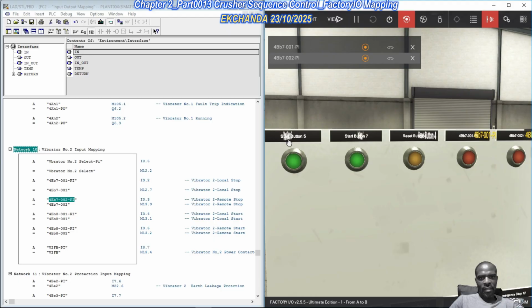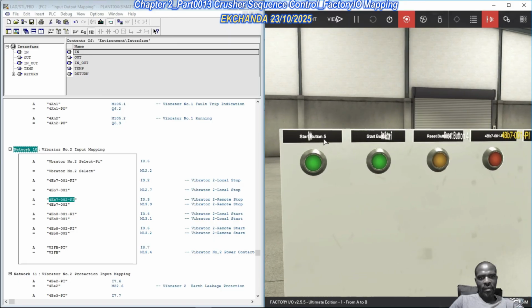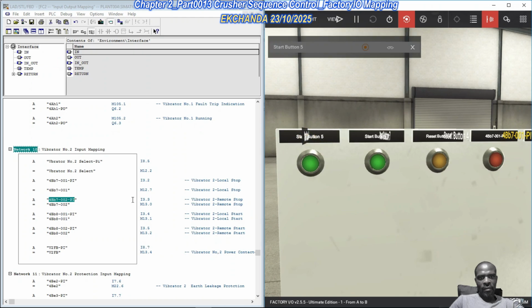Thereafter we've got the remote, or rather the local start. Okay, vibrator 2 local start. And then vibrator 2 remote start.